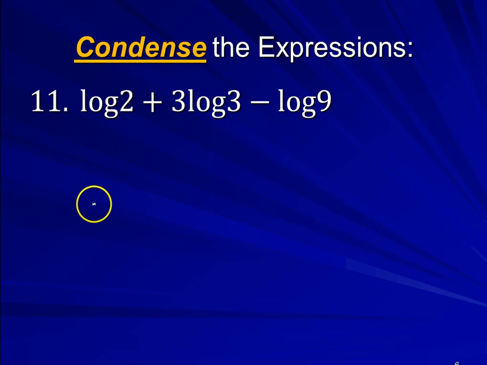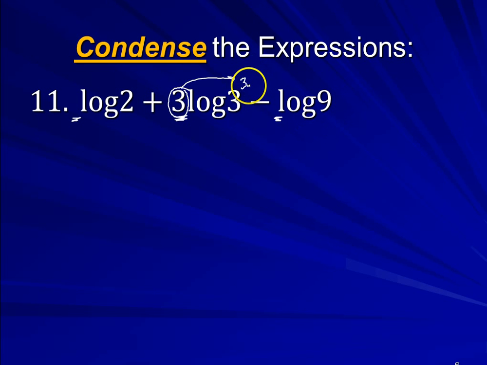Now, the next one. Always, first thing, look at those powers. No power here, power of 3, no power here. So first thing is to pull up this power of 3. Again, the whole point of that is so we correctly identify what the powers belong to. This power of 3 only goes with the 3. It has nothing to do with the 2, and it has nothing to do with the 9.